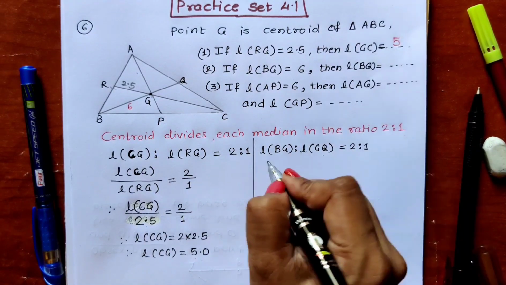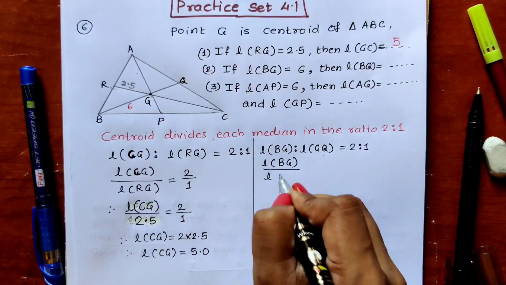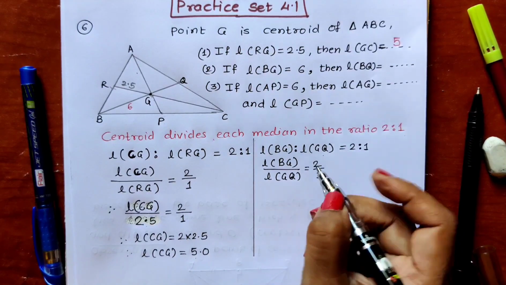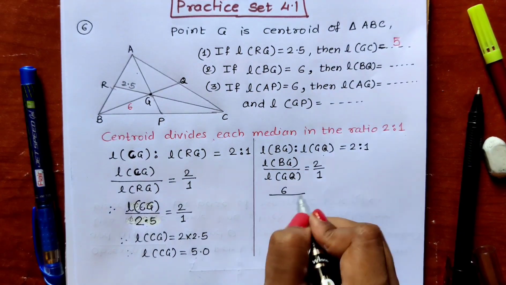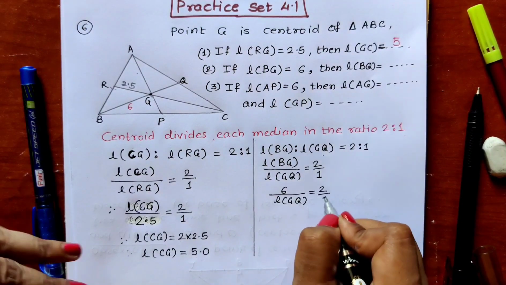That means length BG upon length GQ is equal to 2/1. BG is given as 6.